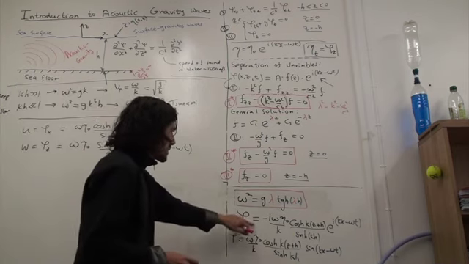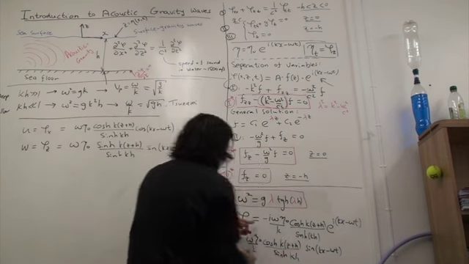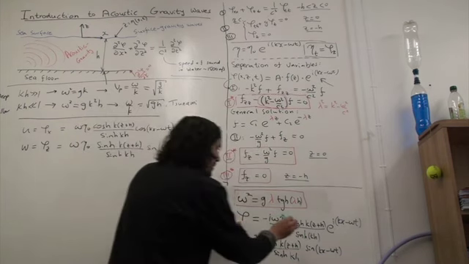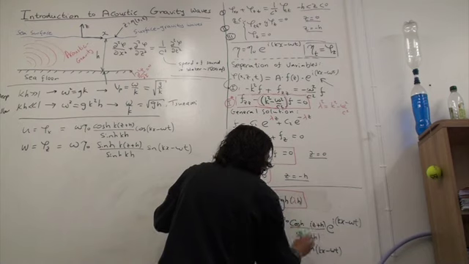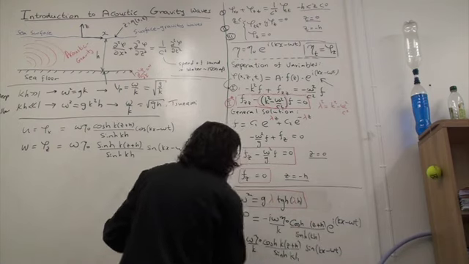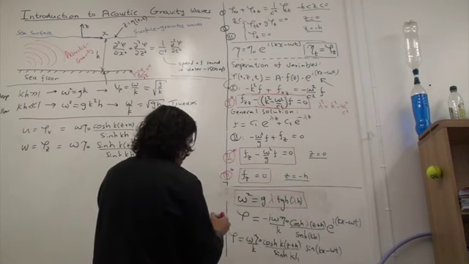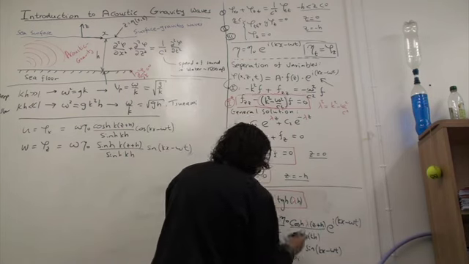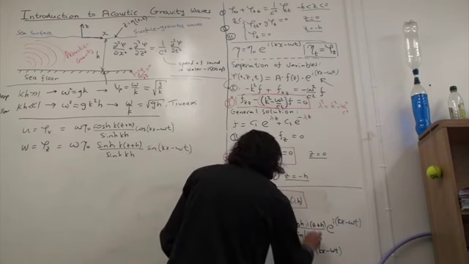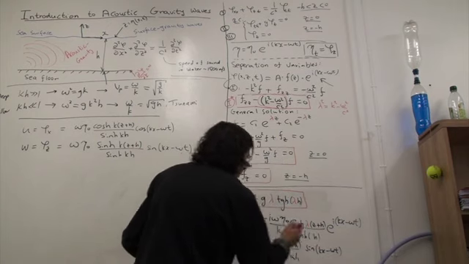I'm going to erase this. I can type here, you know what, this is the solution, right? So I can also type here the general solution, so you can have it. Instead of this k here, you're going to have a lambda, and instead of this k here, you will have a lambda.